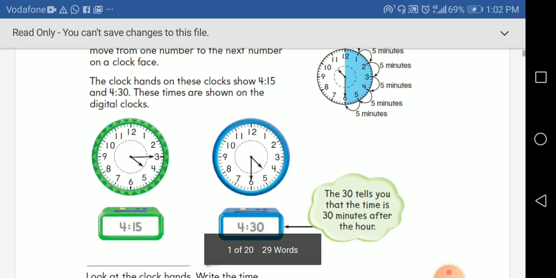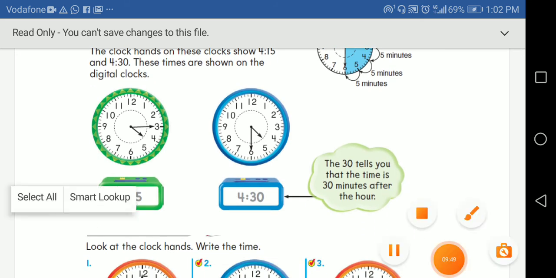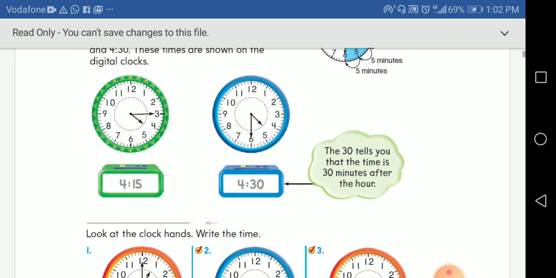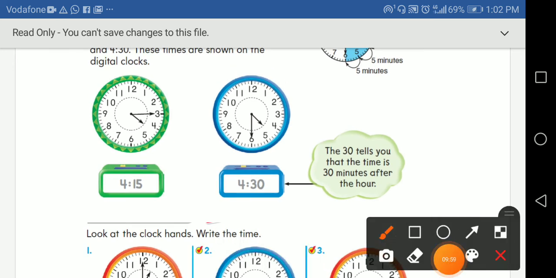As you see, we have here an analog clock and a digital clock. So the first green clock, what's the time here? It's 4:15. And I can say it's a quarter past 4.